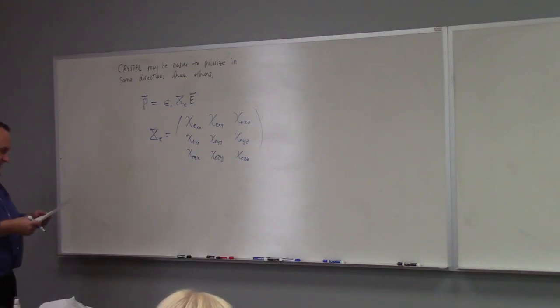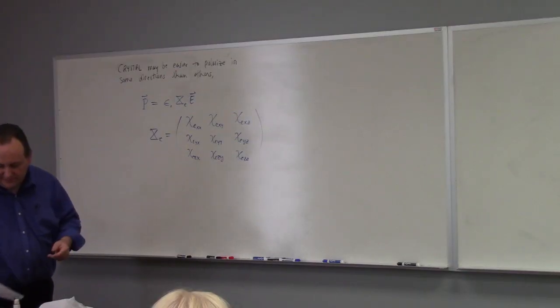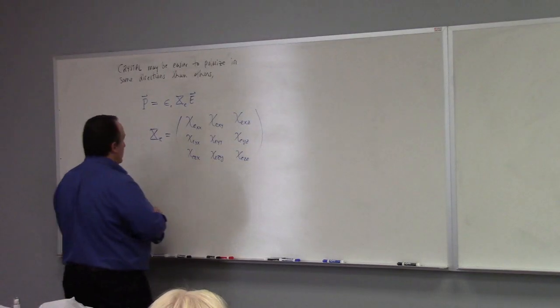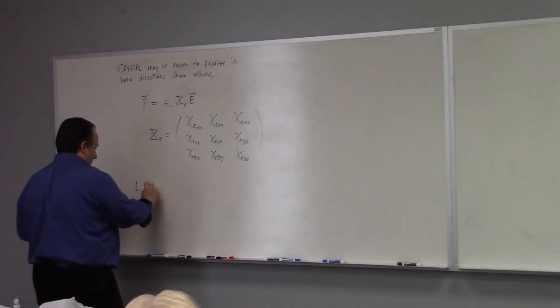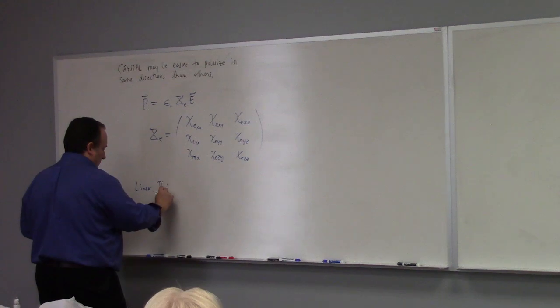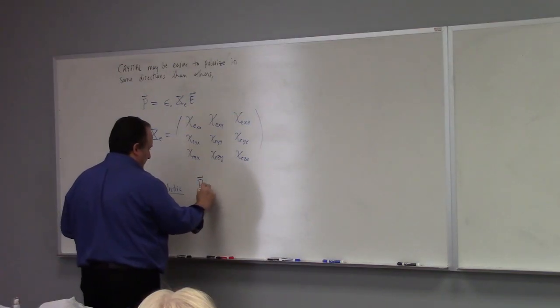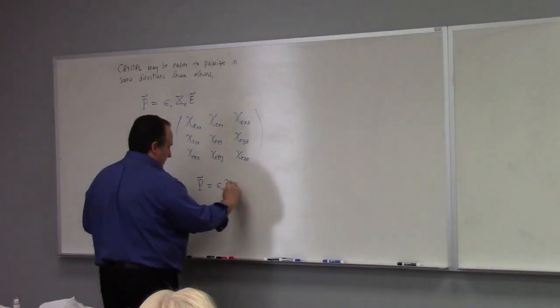Contrast that to the linear dielectric. What did we say about the linear dielectric? How was the polarization related for the linear dielectric? It was P, polarization, is epsilon naught chi E times the electric field.